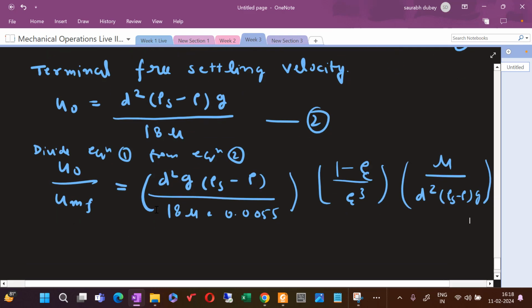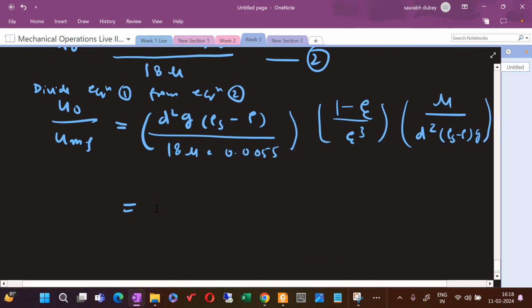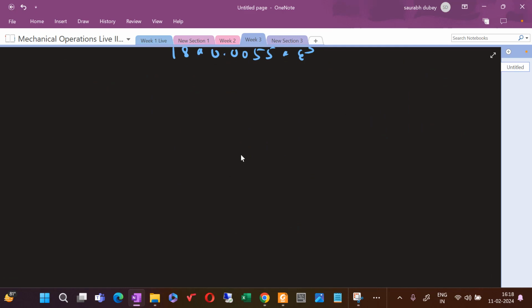So solving, you will get (1 minus epsilon) divided by 180 into 0.0055 into epsilon cubed. Solving this, when we put the value of epsilon, 0.1 divided by (1 minus epsilon) divided by epsilon cubed.